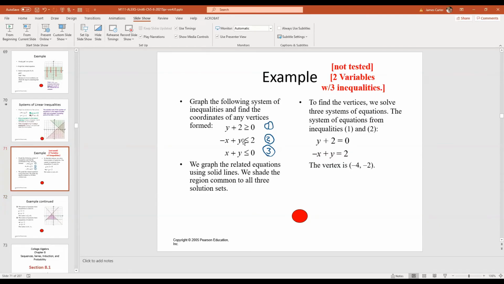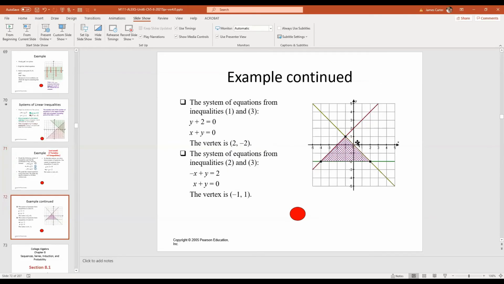Here, it said everything smaller than that line, or in other words, everything this way. And then the third one, it's everything this way. But the only area where they have a three-way overlap is right there.